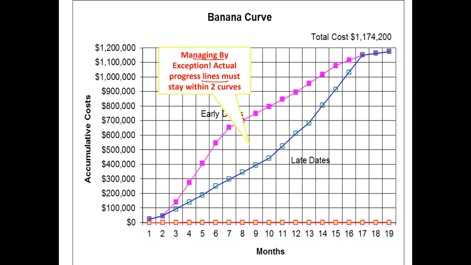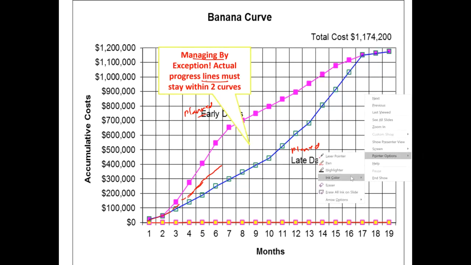So for instance, this is your planned spend based on the early dates, and this is your planned spend on the late dates, but they would like you to report your progress. So this could be your actual spend line, and if the actual spend line is falling within the curve, then that is considered okay.